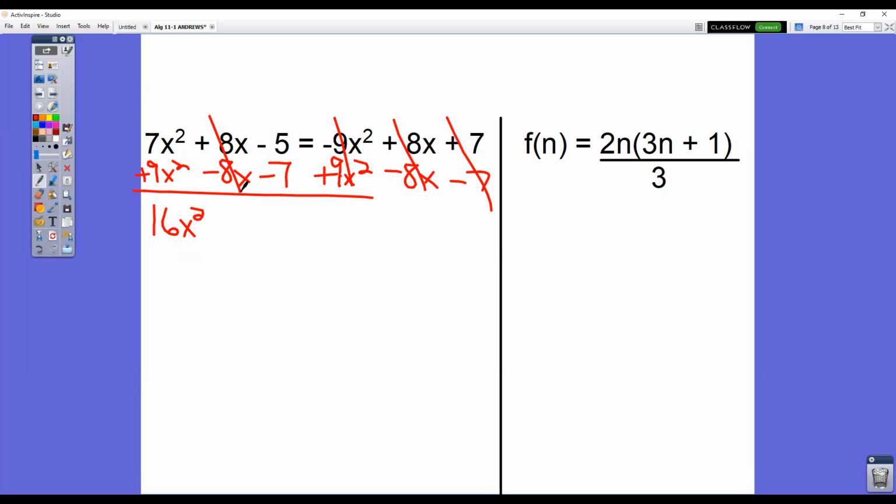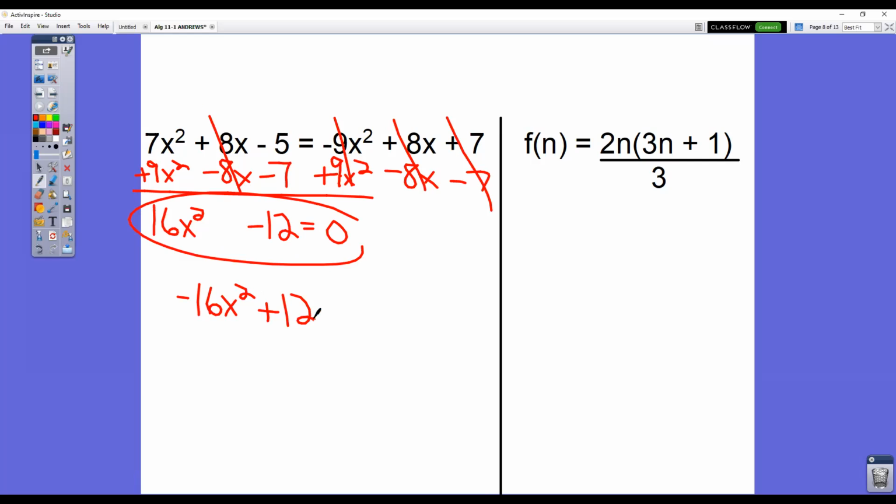Those just totally cancel out. You don't need to put plus 0x. If this was a multiple choice question on the Regents exam, they would never put plus 0x there. And then minus 12 equals 0. If you did it the opposite way, you would have had negative 16x squared plus 12 instead. Take a look at the next one.